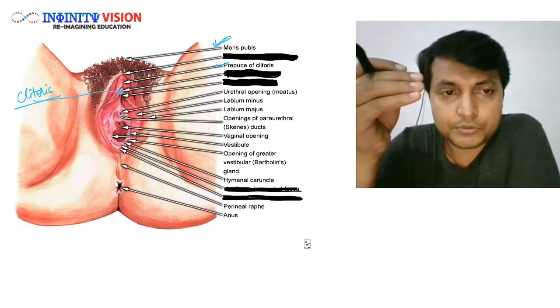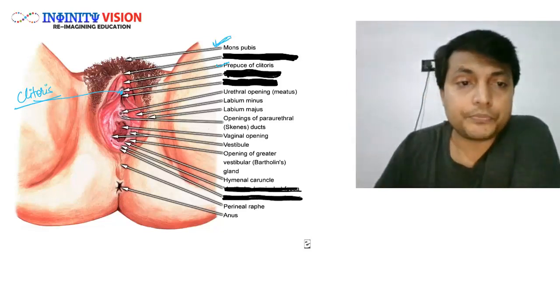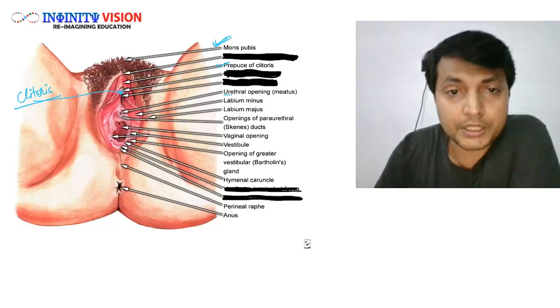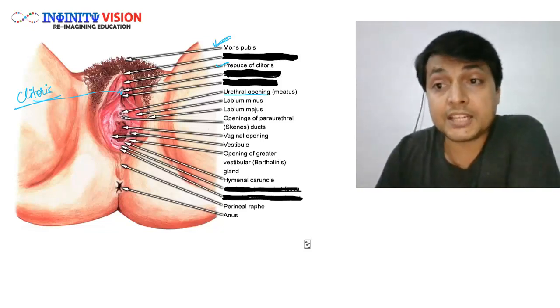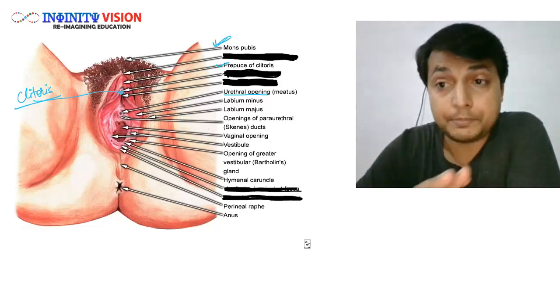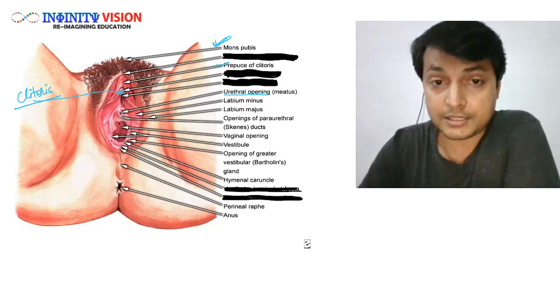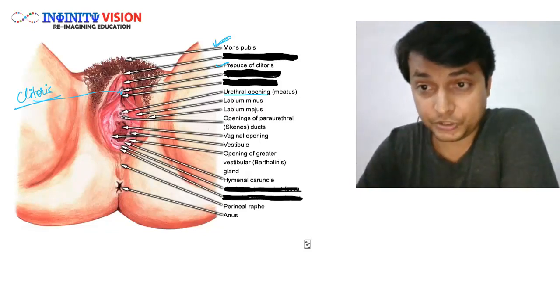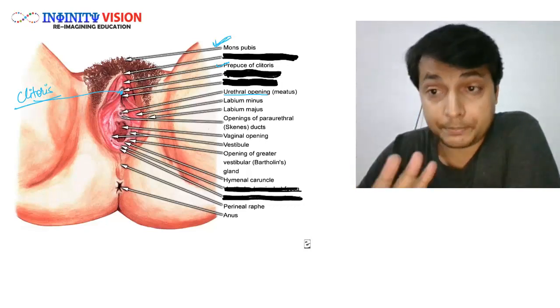Now immediately if you go down from the clitoris, what you find is the urethral opening. In the case of the female, the urethral and the genital openings are separate, they are distinct. Unlike males, who have the same common passage, in females these passages are separate.